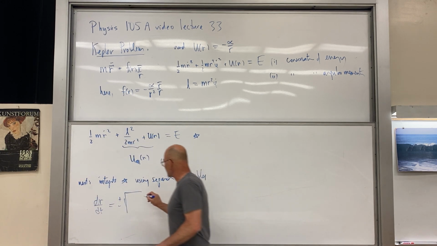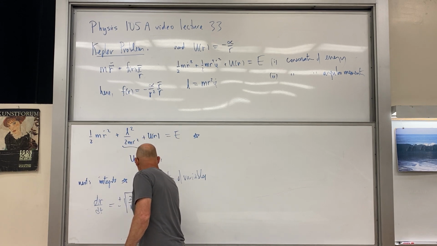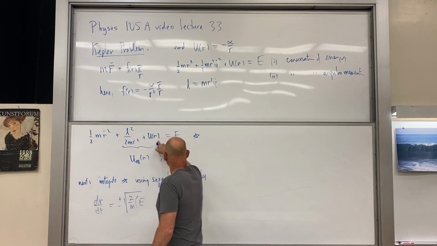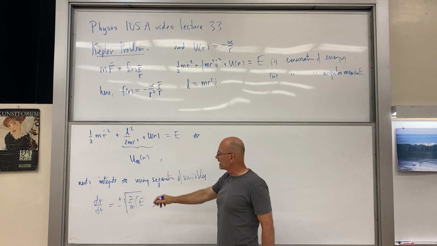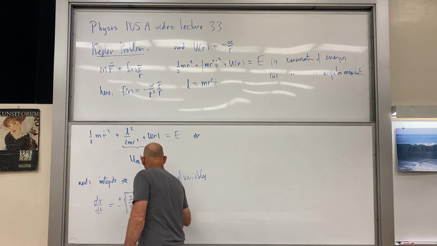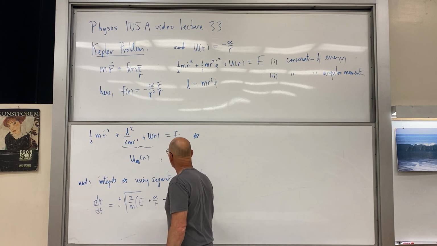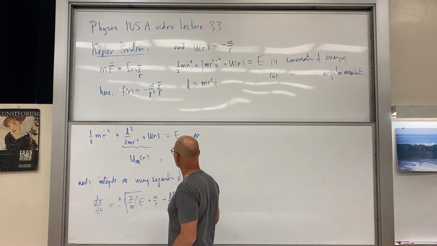So there's a 2 over m, and then there's E minus U of r. I'm going to go ahead and plug in the plus alpha divided by r minus L squared over 2m r squared.